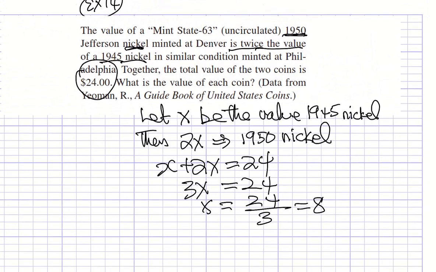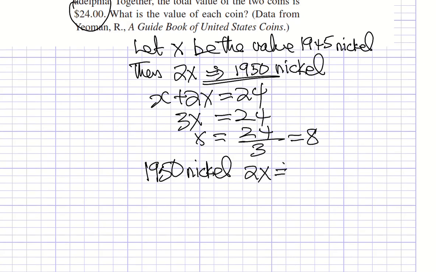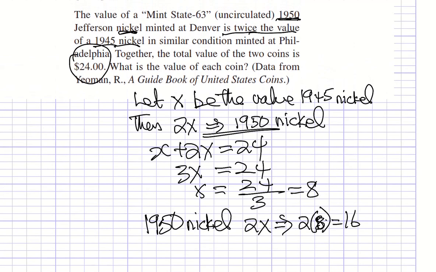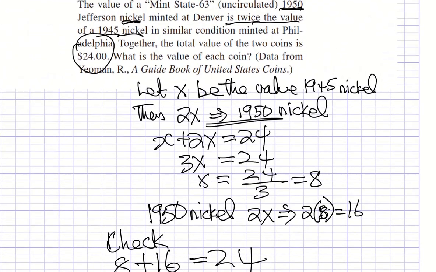So then the 1950 nickel has the value 2x, which is the same thing as 2 times 8. Sorry, 2 times 8 will be $16. So one is 8, one is 16. Okay, so if you check, if you add 8 plus 16, what do you get? You get 24, which is what is given right here. Okay, so we're done with that one.